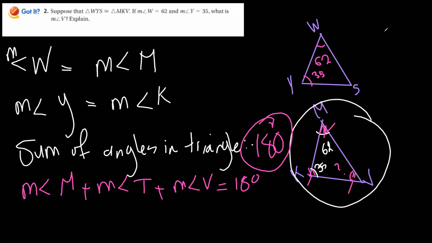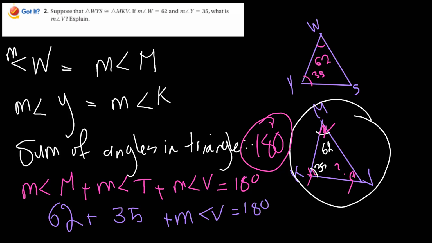What is the measure of angle M? It is 62. And what is the measure of angle K? It's 35. And the measure of angle V is unknown.